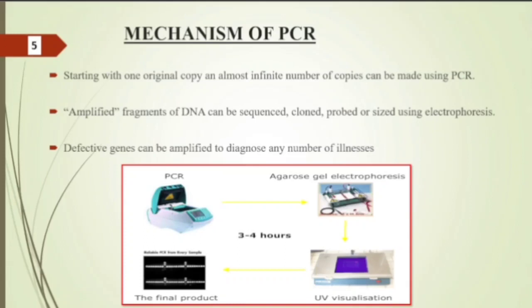Defective genes can be amplified to diagnose any number of illnesses. On the screen, you can observe the sequence of isolation, and n number of DNA copies. This is the PCR machine.